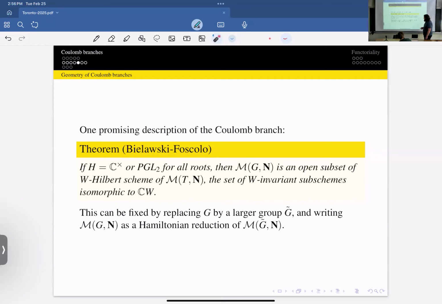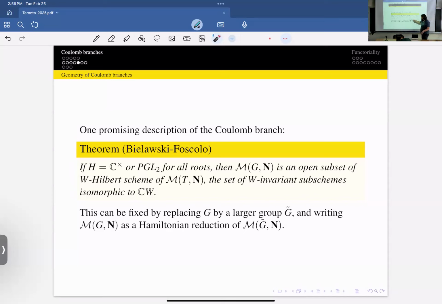But if I always get PGL2, then I can think of the Coulomb branch as an open subset of, take the Coulomb branch for the torus. That still has an action of the Weil group on it. And there's a projective variety, which is the W Hilbert scheme.